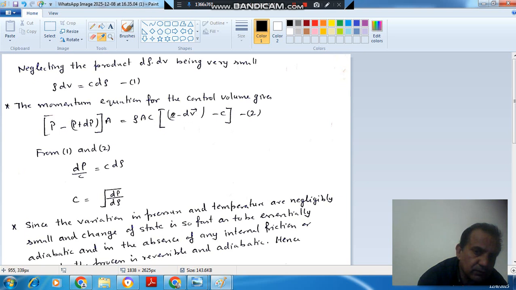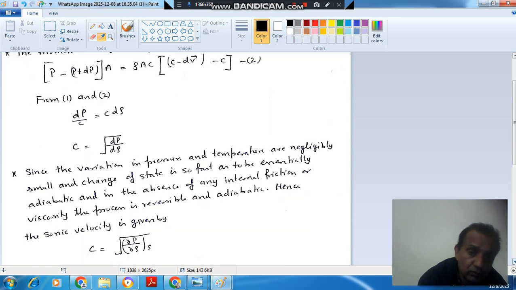So c will cancel out, A will cancel out, P will cancel out, so here it will be dP by c, and here it will be rho into dv. The minus sign is there, so minus minus will cancel out, so rho dv is equal to dP by c, so dP by c will be equal to c by d rho, or c will be root of dP by d rho. So this is the expression for velocity of pressure wave, or velocity of sound.